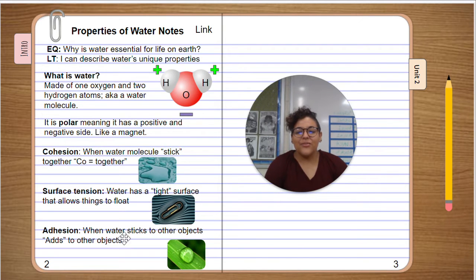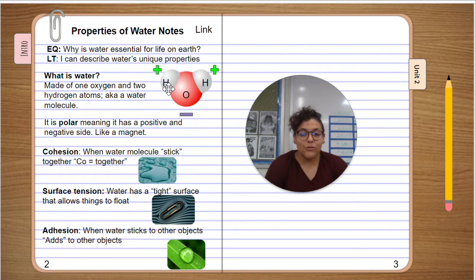So let's start off with, what is water? Well, water is made of 1 oxygen and 2 hydrogen atoms. And this is what we call the water molecule. So if you hear someone talk about a molecule, we're talking about the itty bitty parts of water, and that's when you get to its atomic structure.